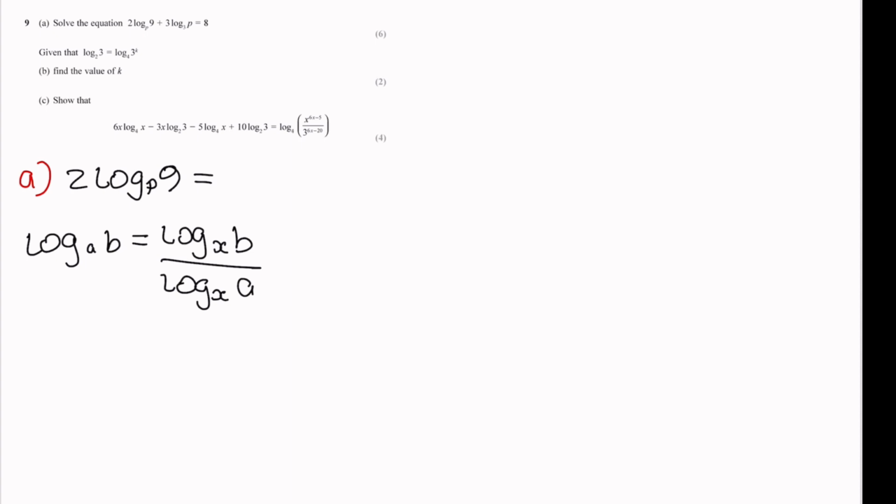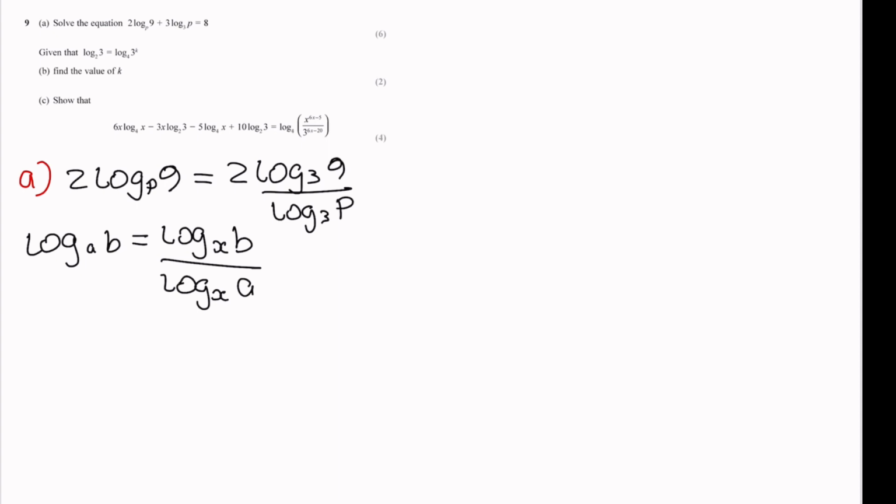So we're going to rewrite 2 log to the base p of 9 using that formula. Log to the base p of 9 can be written as log to the base 3 of 9 over log to the base 3 of p. And if we look at the top, we've got log to the base 3 of 9. So the question is, 3 to the power of what gives us 9?